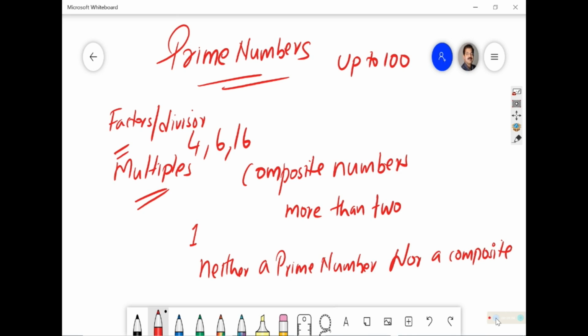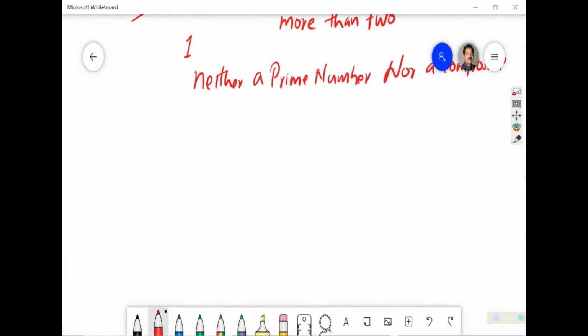Understood? So that is what I want to tell you about this particular topic, what is named as prime numbers and composite numbers. But when we start doing all these things and go ahead, and we will see that, for example, if I ask you to find out simply the factors of 12 and 18, and you will jump now and will start writing.